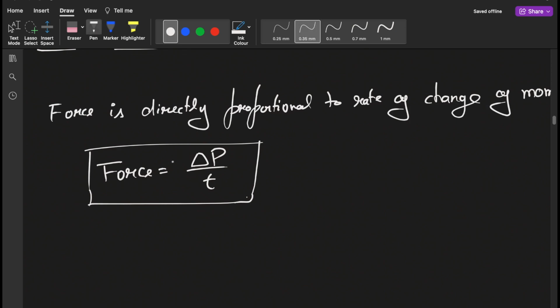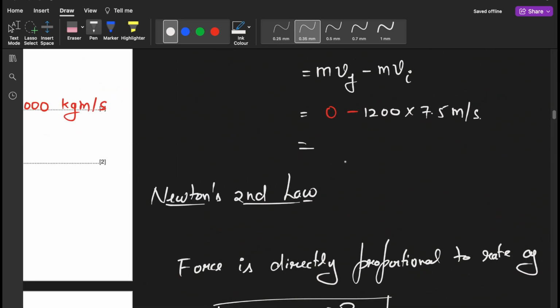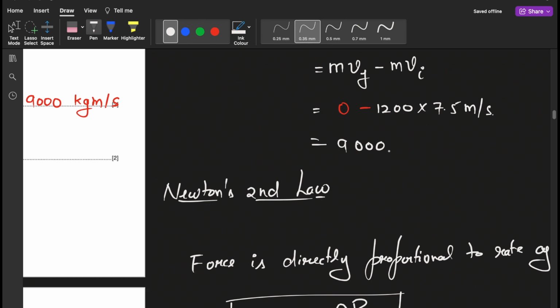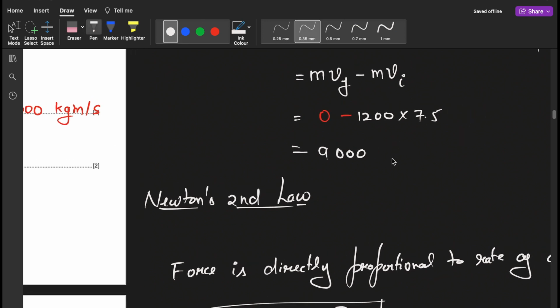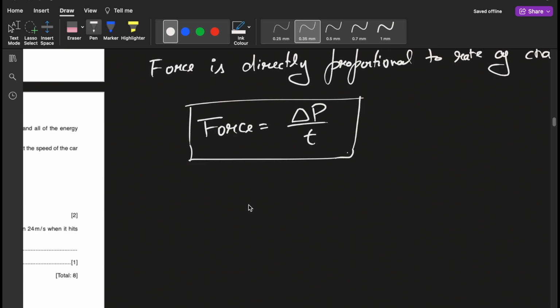Yes, sir. Now the change in the momentum is what we have just found out. By the way, it is a vector quantity, so you have to take care of that. Okay. So this is the unit. So what is the force?